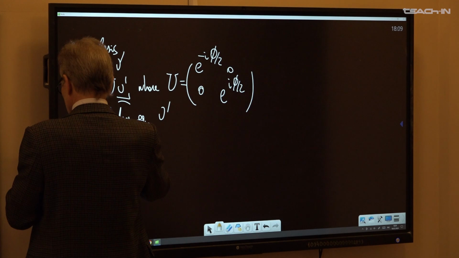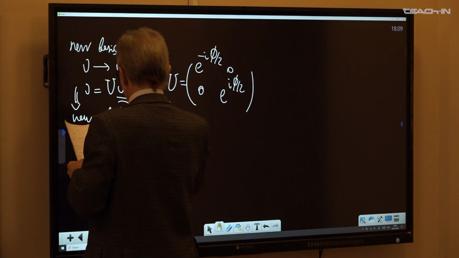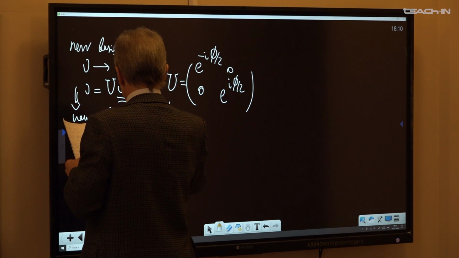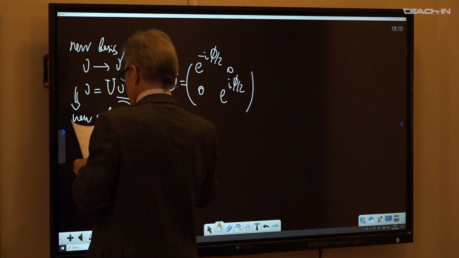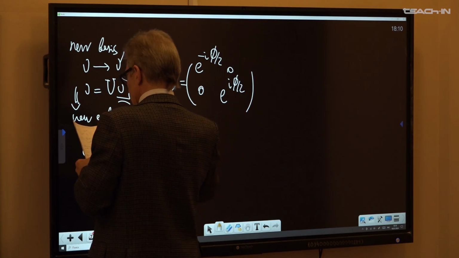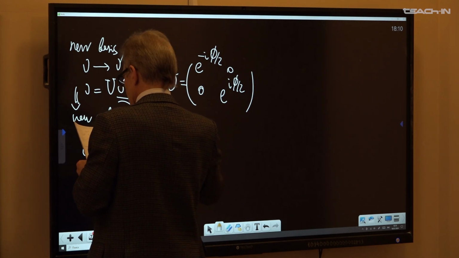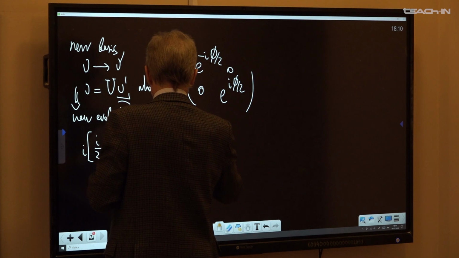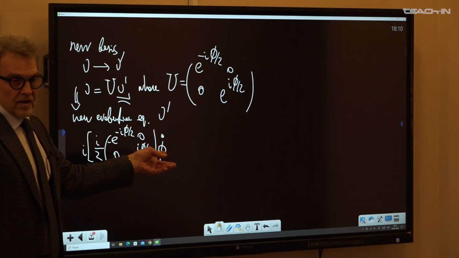I just put, very accurately, i divided by 2, the matrix with exponent minus i phi divided by 2, 0, 0, exponent i phi divided by 2, multiplied by the derivative of phi.